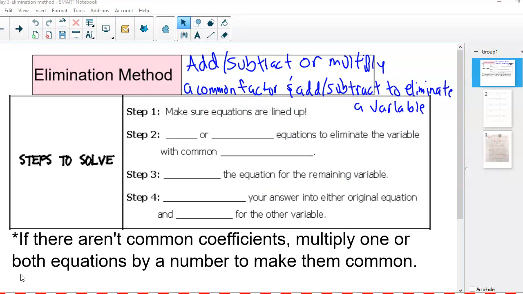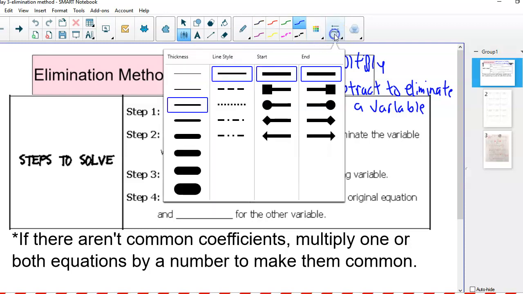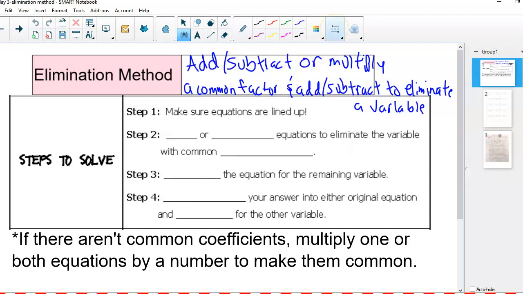Alright, does everyone have one of these sets of notes? Somewhere on this front page, I want you to add this sentence: add, subtract, or multiply a common factor and add or subtract to eliminate a variable.